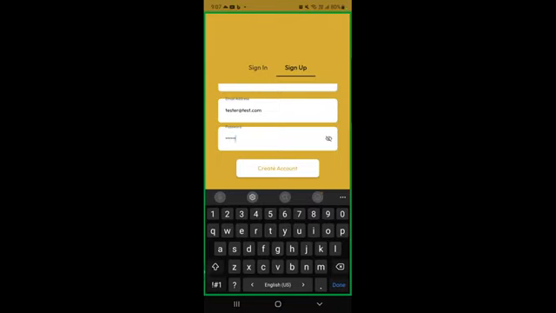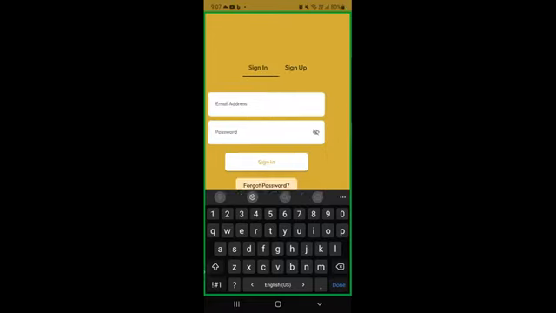If you already have your email and password, you've already registered. When you come from the sign in, just put your email and password. Okay, I think I have, so I will just do this.